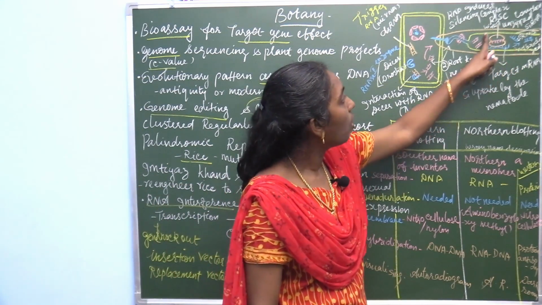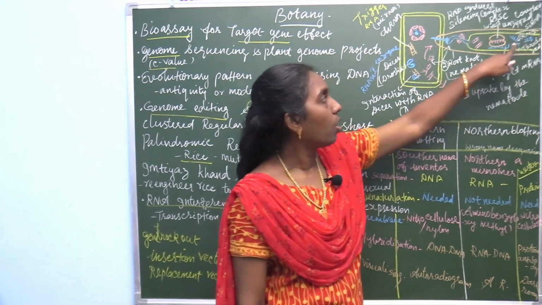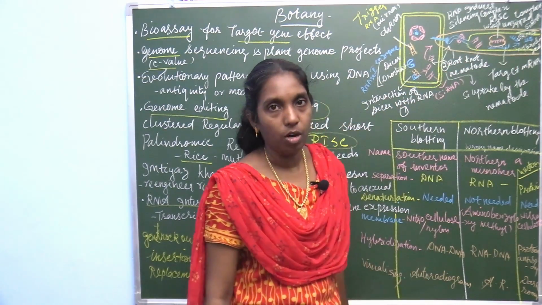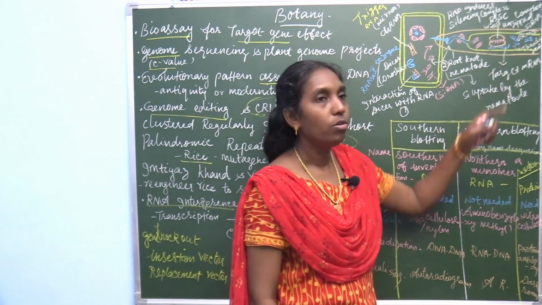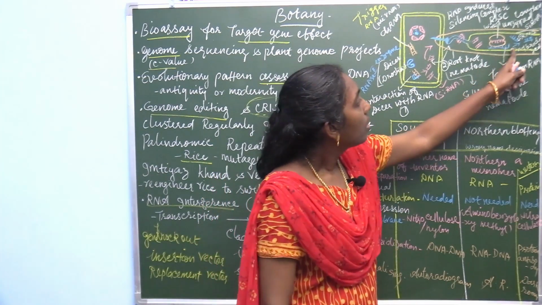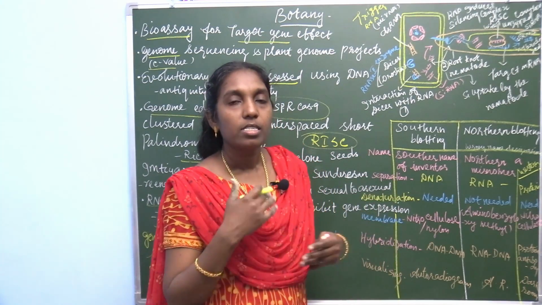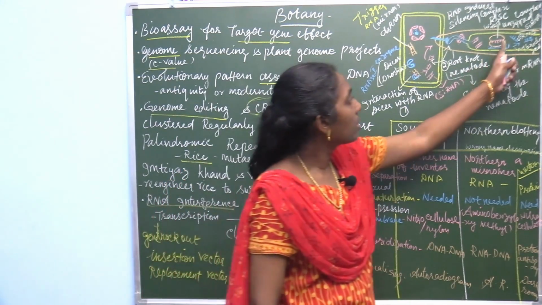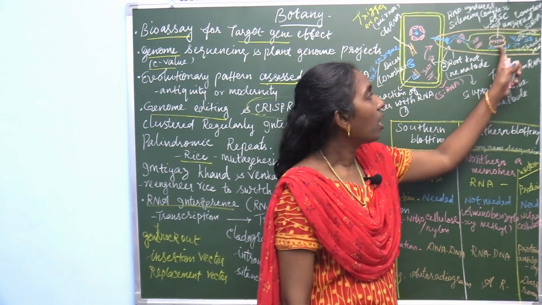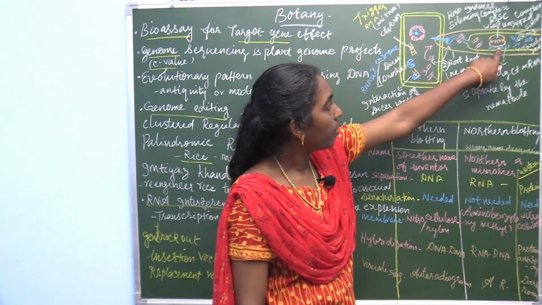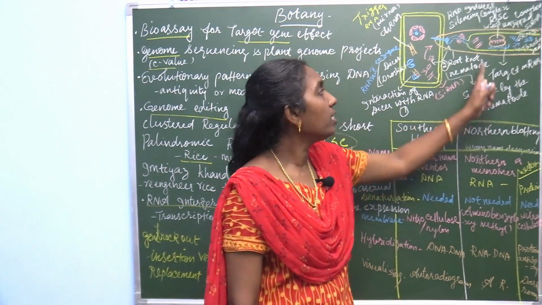In this picture, the RISC complex with unwound RNA is present. This is the target RNA. The single stranded RNAs, ssRNA, are hybridized with the target mRNA.